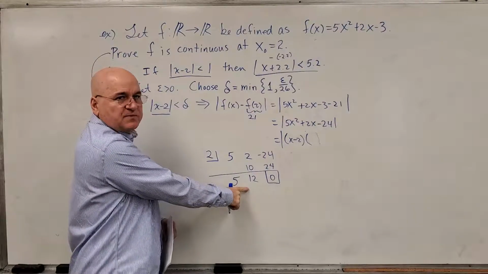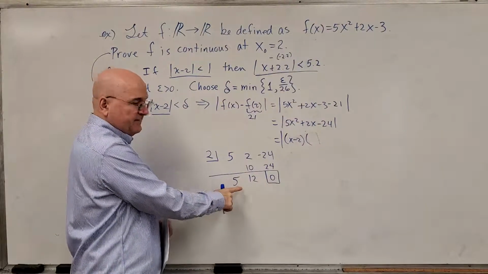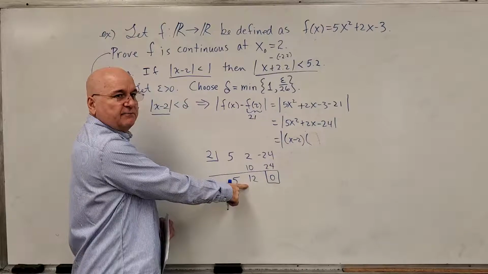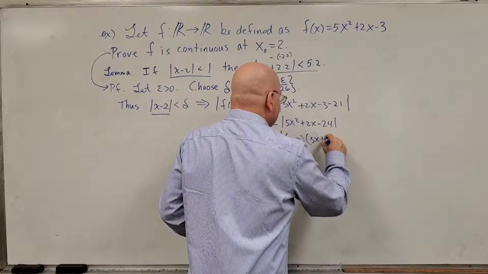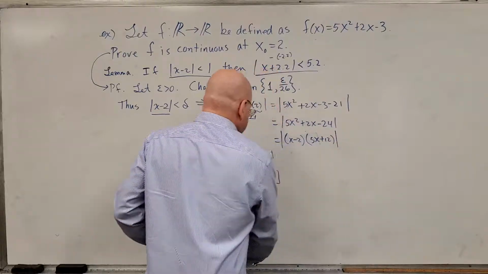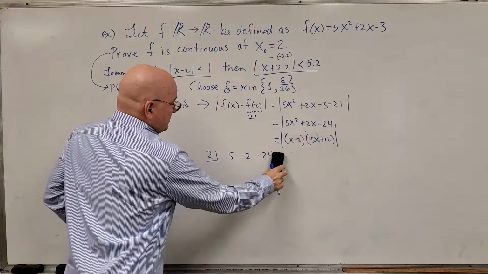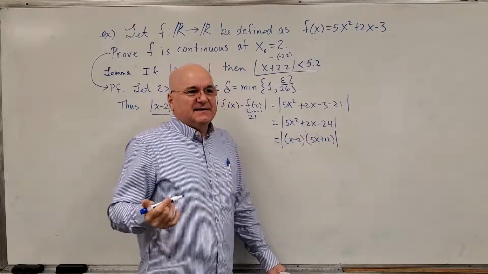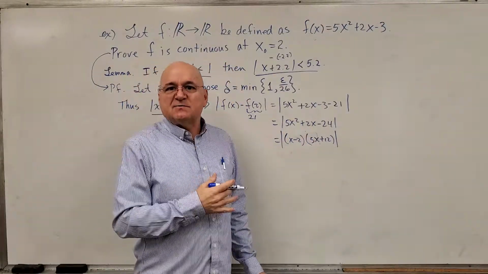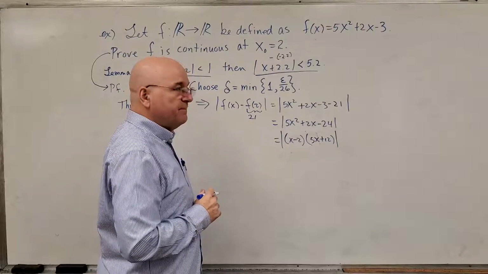X squared plus 12. Sorry, 5x plus 12. Remember that? You would have got the same result if you did long division, or if you were really good at factoring in your head, or use some of those other pre-calculus techniques, we would have come up with the same result. What's that?